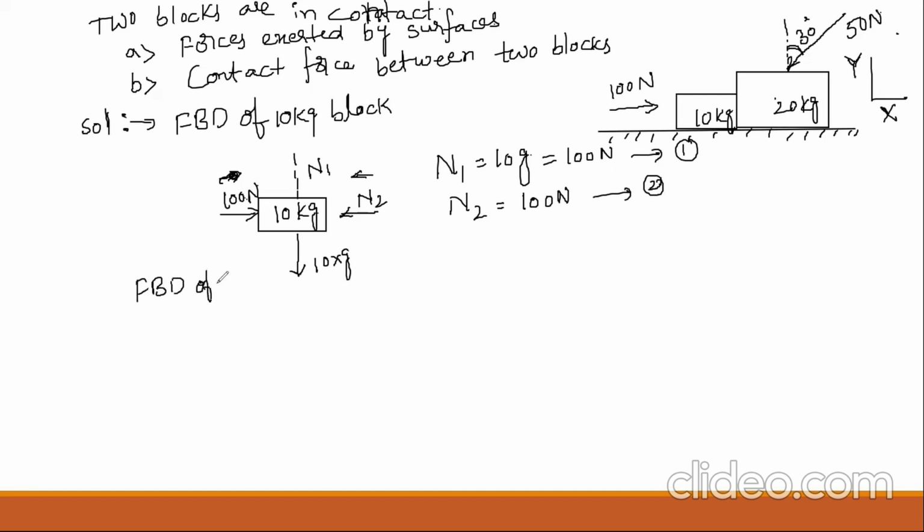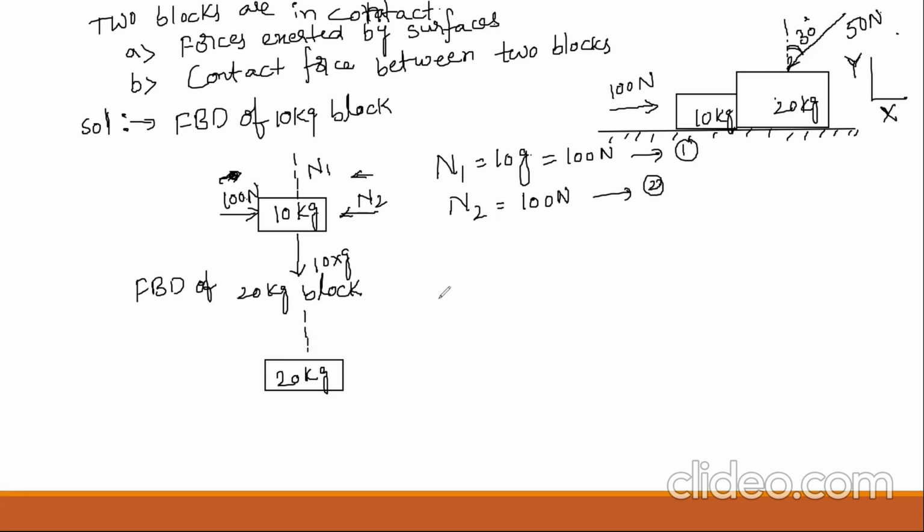FBD of the 20 kg block. How do we draw this one? So I am taking the 20 kg block. What are the different forces? You observe here, there is a force acting at an angle. Can I take this as N4?